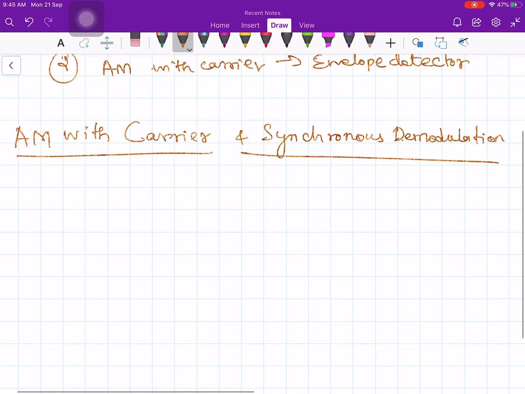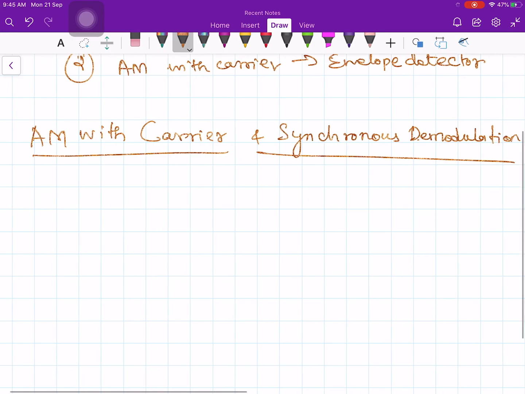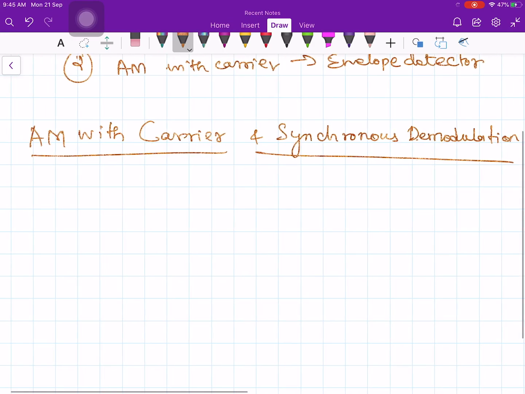Here the carrier is not suppressed, that's what we mean. So AM with carrier means it has carrier component explicitly. That means when you take Fourier transform, you will have an impulse function. So first let us talk about synchronous demodulation.